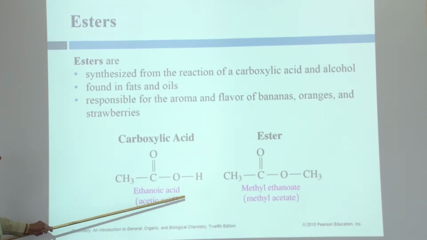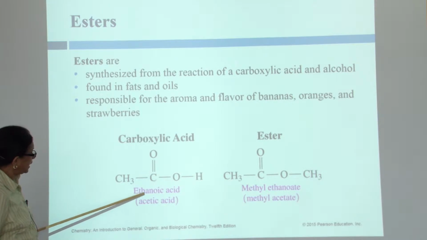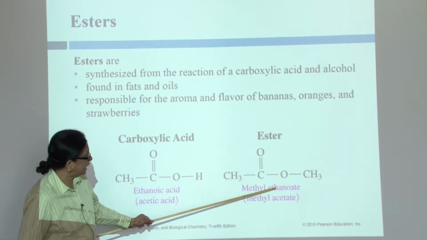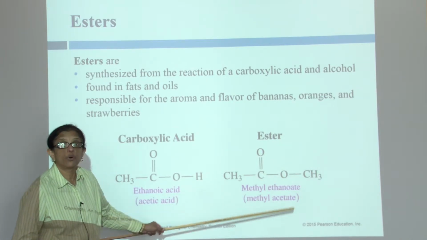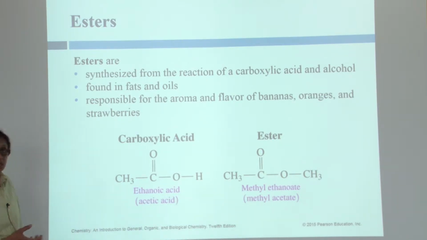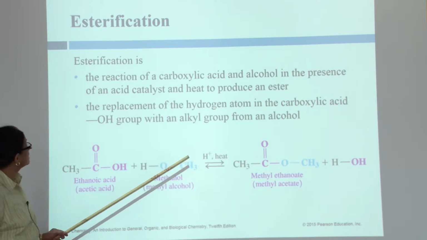Ethanoic acid, methyl ethanoate. The methyl is the alkyl group from the alcohol. We'll get into the naming in a little bit, but esterification is the process of formation of an ester.